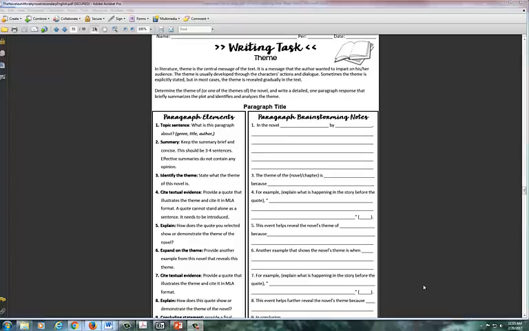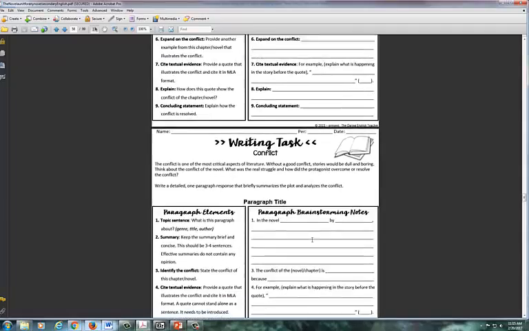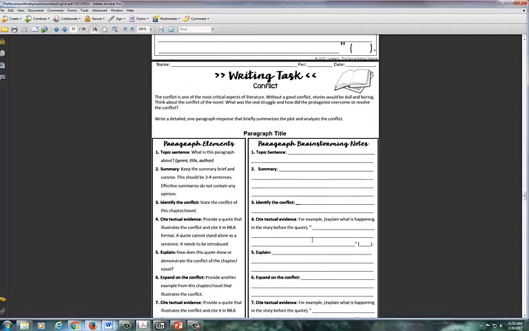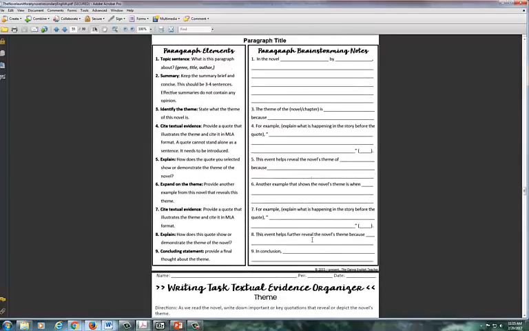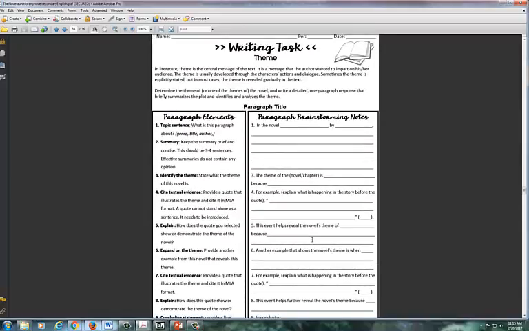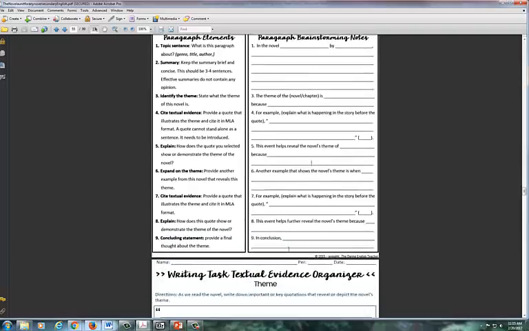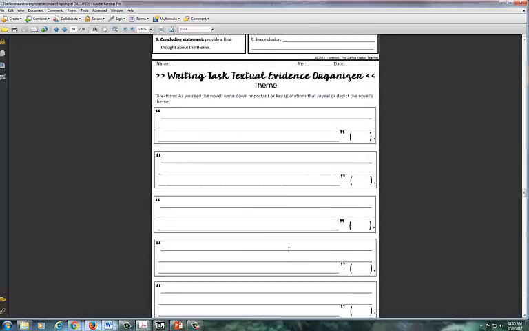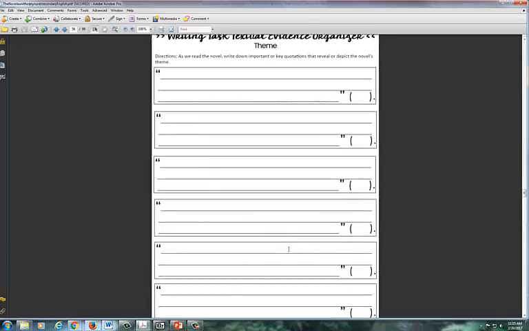But you will receive the same worksheets to work through for that. You'll receive this fill in the blank page, the page for text evidence, and then you will be required to type that paragraph in MLA format.